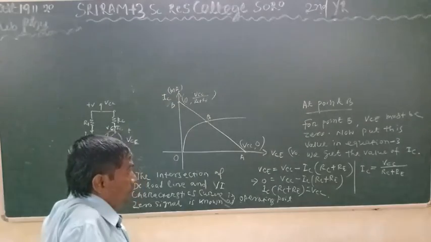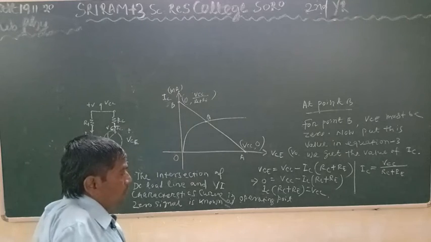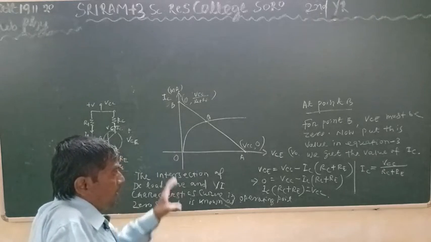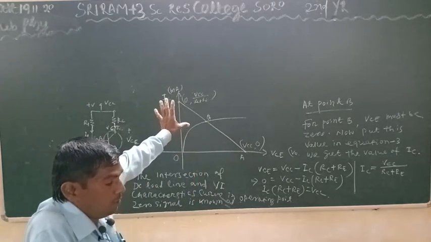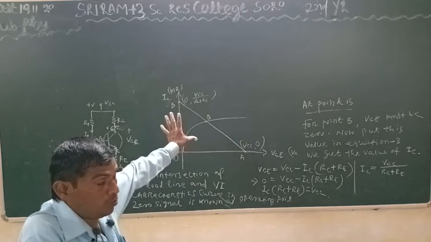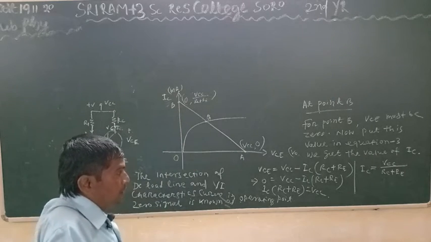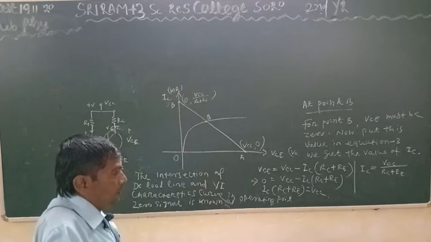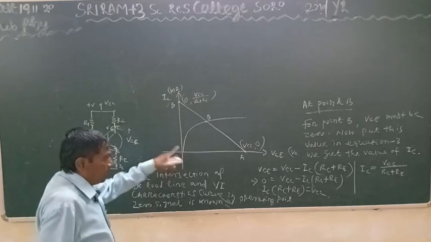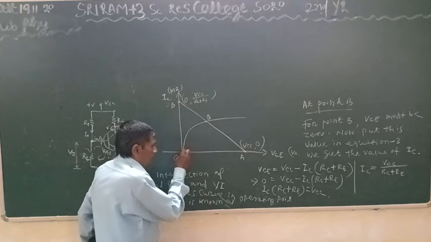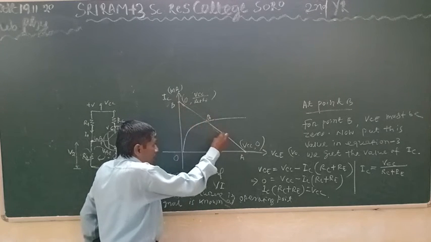Now the DC load line means an inclined line joining the collector current axis, that is the y axis, and the voltage axis, that is the x axis. This inclined line is known as the DC load line. Now the VI characteristics of a transistor is a curved line that intersects this inclined line.